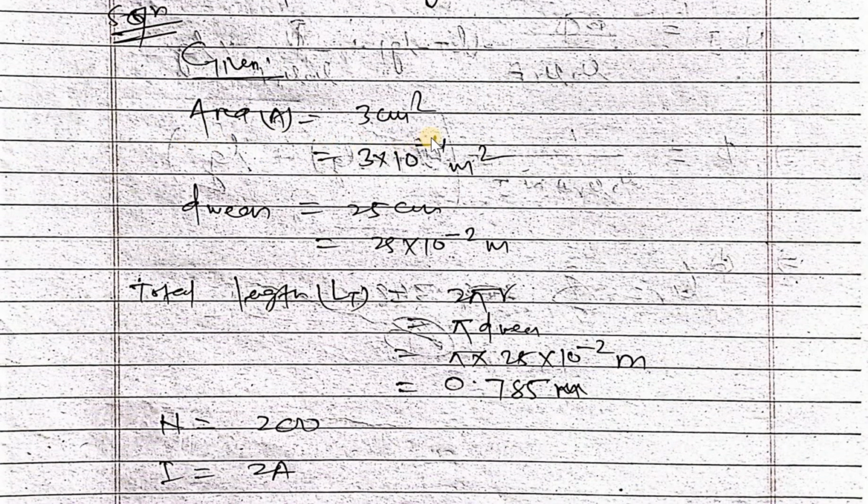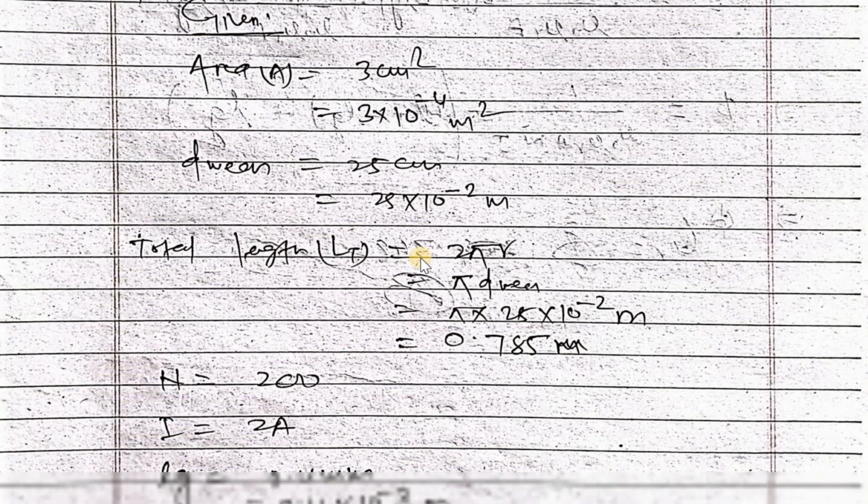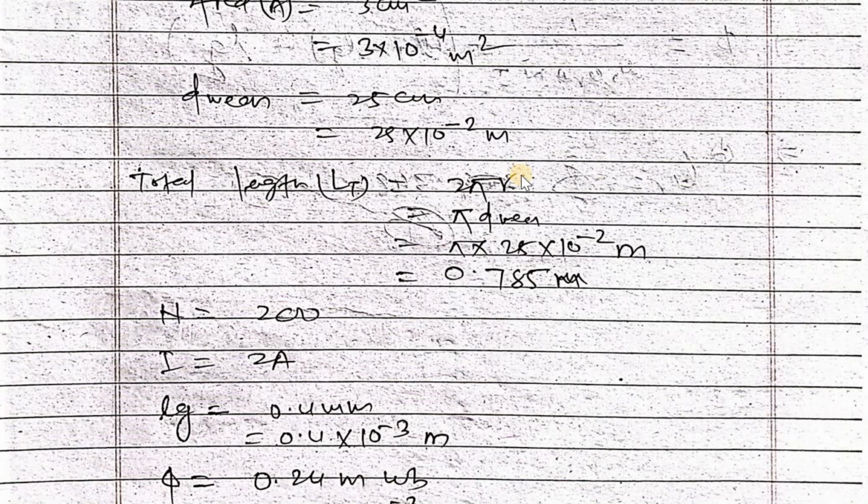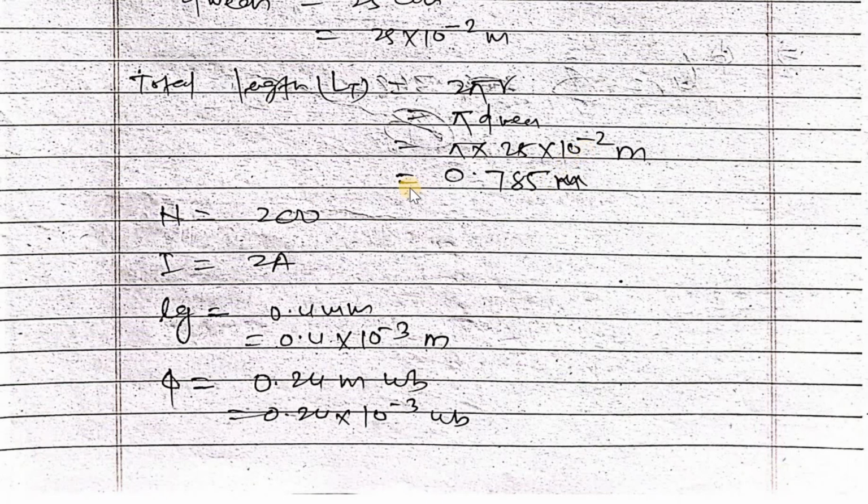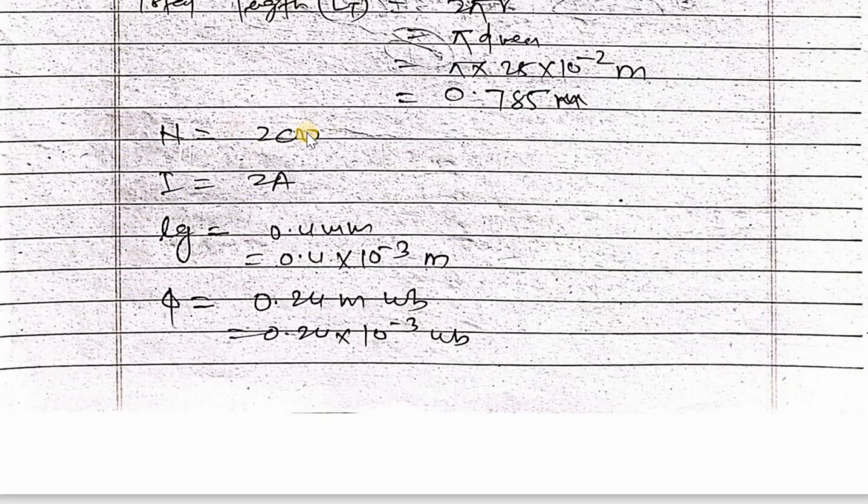First of all, write all the given data. The given data is area equal to 3 centimeter square, so 3 into 10 to the power minus 4 meter square. And mean diameter is 25 centimeters, so 25 into 10 to the power minus 2 meter. Total length, this is circular, so 2 pi r. And in the place of 2r we can write d, then pi into 25 into 10 to the power minus 2 meter, then we can get 0.785 meter.